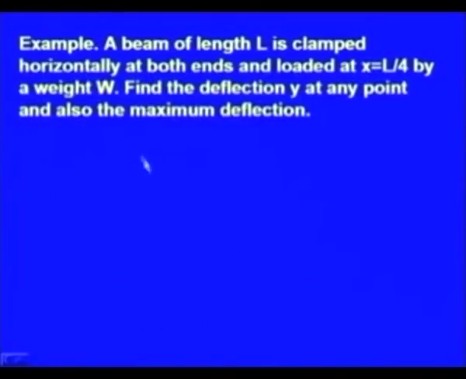Let us now study an example of a beam of length L which is clamped horizontally at both its ends and loaded at x equal to L/4 by a weight capital W. We have to find the deflection y at any point and also the maximum deflection in the beam.